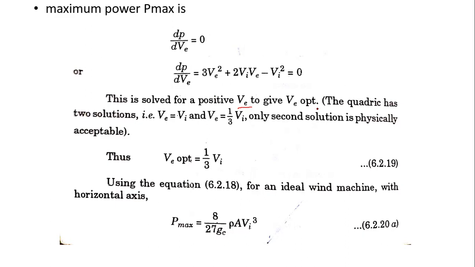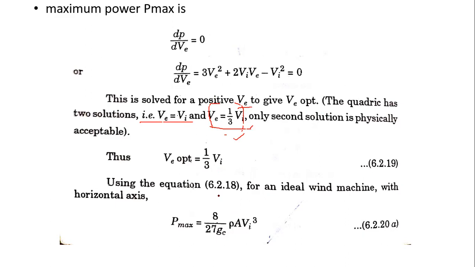The quadratic has two solutions: Ve is equal to Vi, and Ve is equal to 1 by 3 Vi. Only the second solution is physically acceptable. So we take Ve optimal is equal to 1 by 3 Vi.